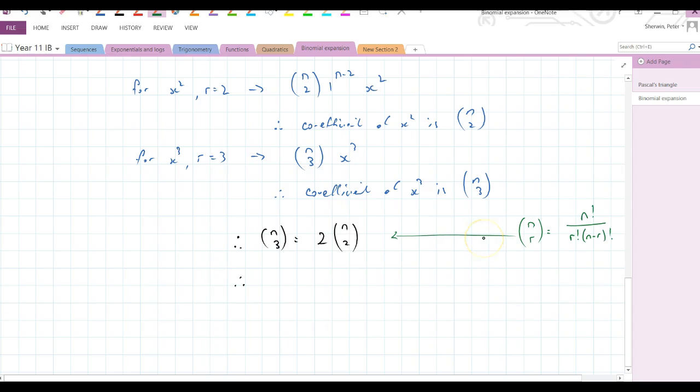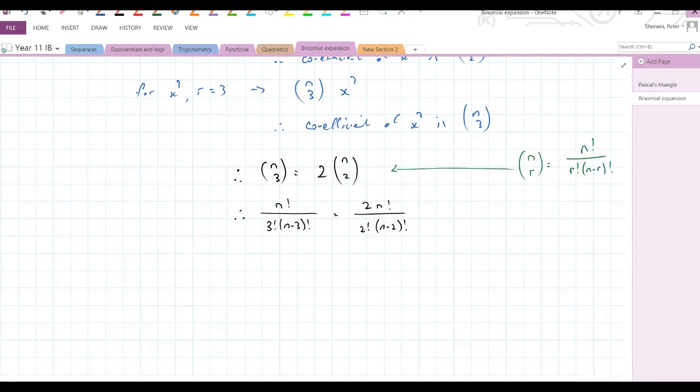We're going to have to use that now, because this nC3 is n factorial over 3 factorial, n minus 3 factorial. I'm going to have the 2 out the front here. It's going to be 2 times n factorial over 2 factorial, n minus 2 factorial. Okay, so now I've got an equation to solve. This is fine.